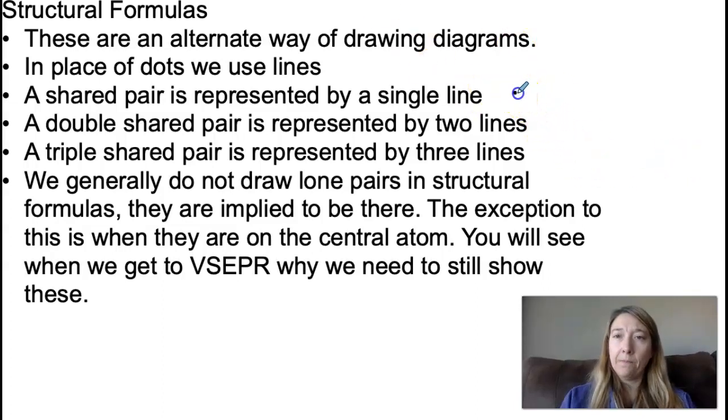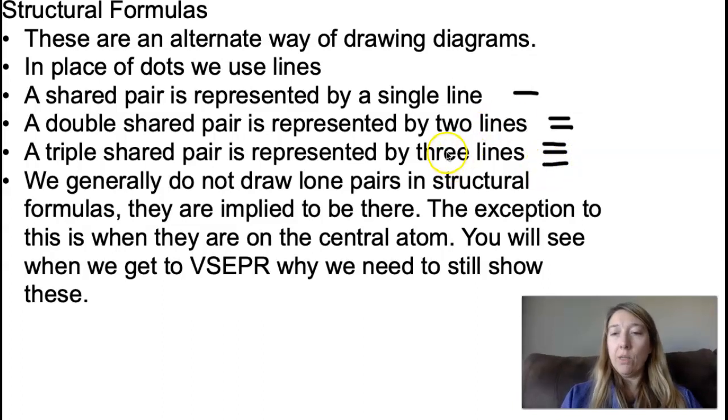that represents a single bond. Okay, a double shared pair, or 4 electrons being shared, which means 2 shared pairs, is going to be represented by 2 lines. And then a triple bond, which means that we are sharing 3 pairs of electrons, is going to be represented by 3 lines.